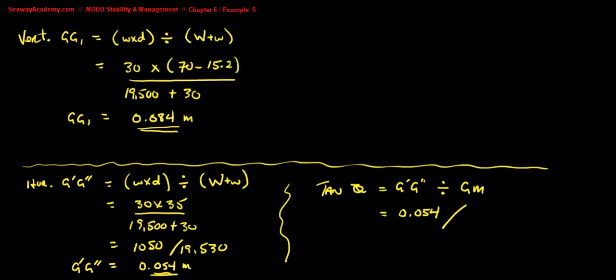Now your GM is based on your vertical movement of the center of gravity. So using your vertical shift of G, you're going to calculate the new KG of the vessel. They tell you the initial KG was 15.2 meters.